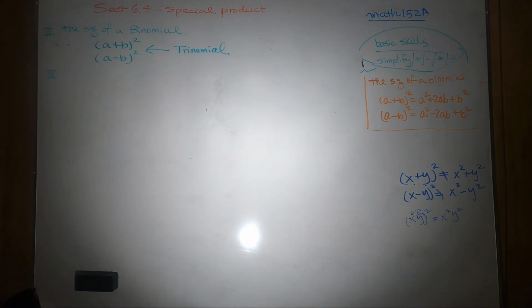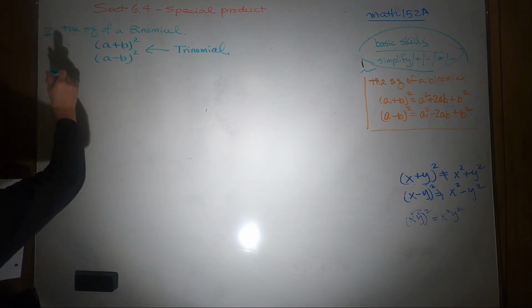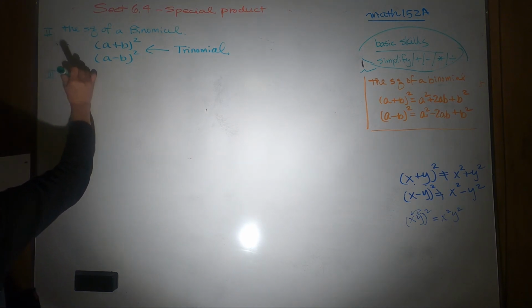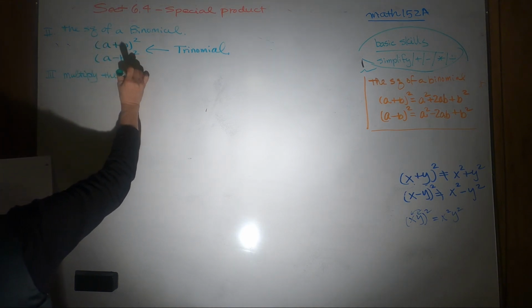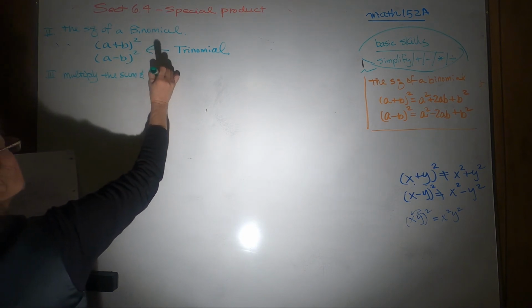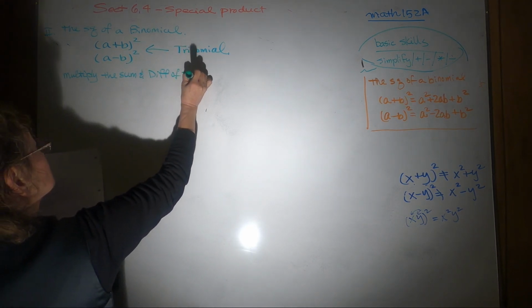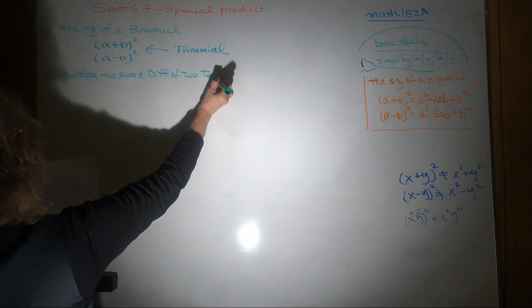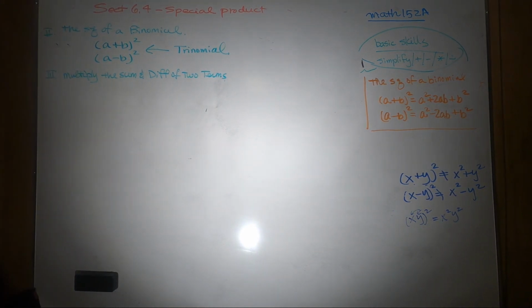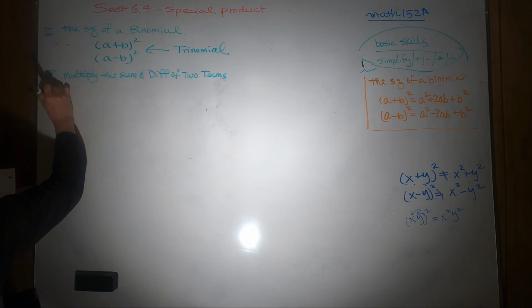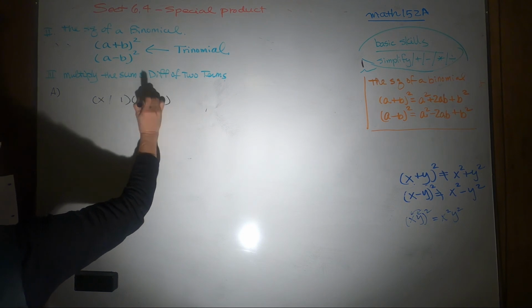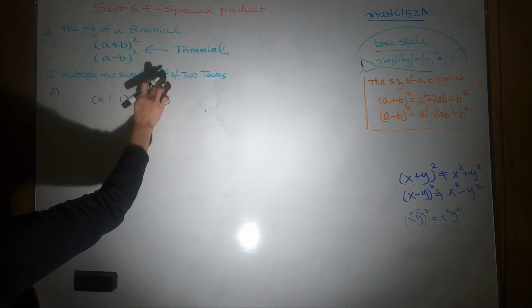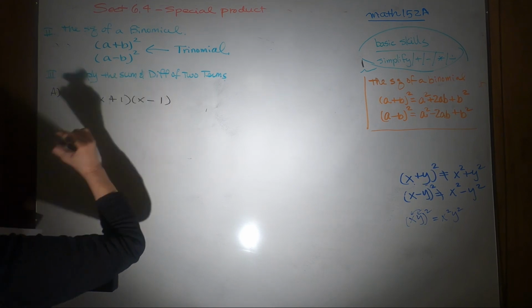Another case is we are going to multiply something different, called the sum and the difference of 2 terms. What do we mean by that? That means I'm going to have 2 terms. Simple one, x plus 1 and x minus 1. 2 terms. One is the sum, one is the difference. One is plus, one is minus.